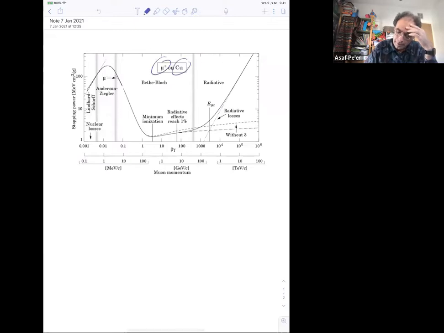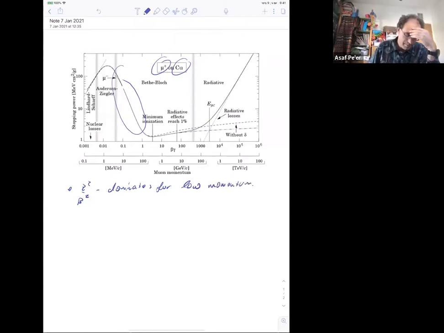The first term, z squared over beta squared, dominates for low momentum particles.